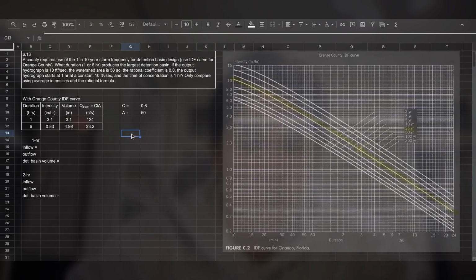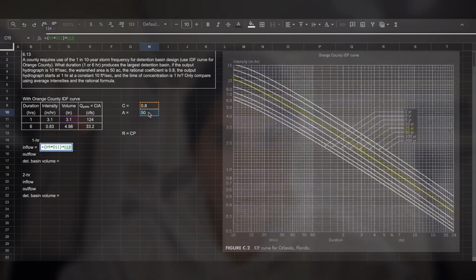if you remember from our equation, the runoff is going to be equal to C times P. This volume is, remember, the volume of water that we are getting on the precipitation. So we want to know our inflow in the runoff. We need to multiply this 3.1 times 0.8, which is the runoff coefficient. So inflow is going to be equal to 0.8 times our precipitation. And this is going to give us 2.48 in inches. We multiply this by the area, which is 50.